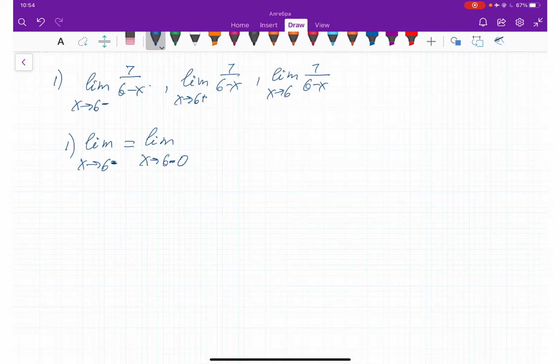Okay, it's going to be 7 over 6 minus 0, right? It's going to be 7 over 6 minus 6, and plus 0, because we're opening parentheses and the sign is changing, and we are getting 7 over 0, which is going to be positive infinity, since it's 0 from the positive side, right?